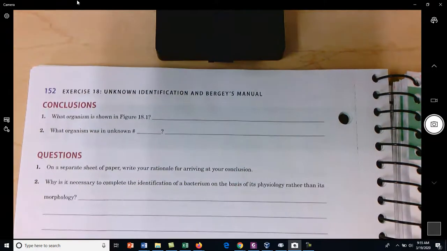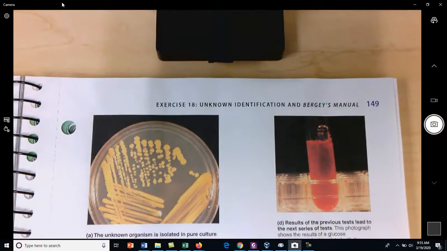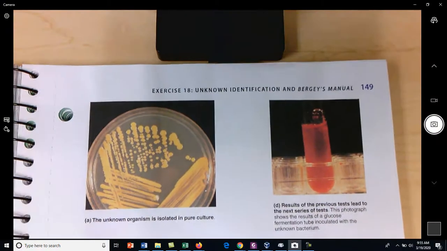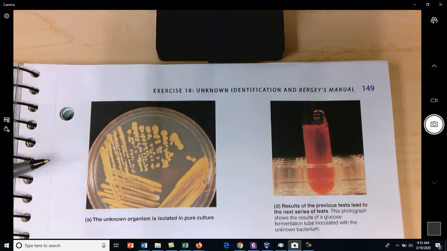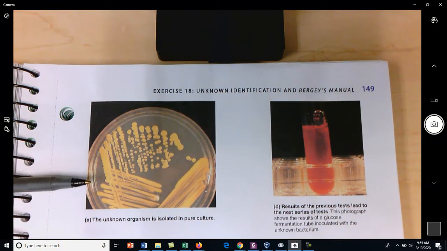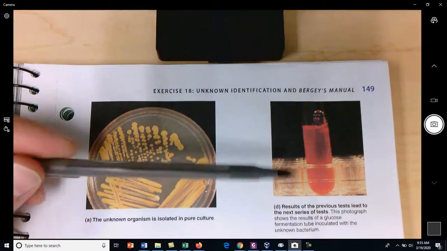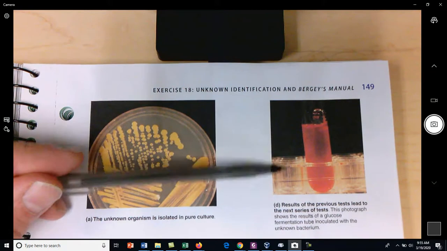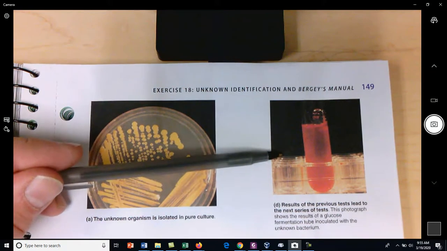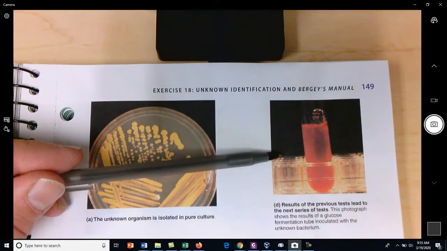So figure 18.1, go back here, and you have all sorts of different tests for 18.1. You know that it is an unknown organism, and from a culture perspective, on a culture plate is yellow. On a fermentation tube, it does not ferment glucose, okay? It doesn't use glucose. Otherwise, that fermentation tube would be yellow.